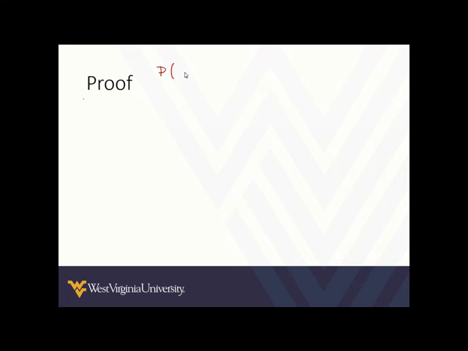So we were given, and we know, that the probability of negative t alpha over 2 less than t less than t alpha over 2 is equal to 1 minus alpha.